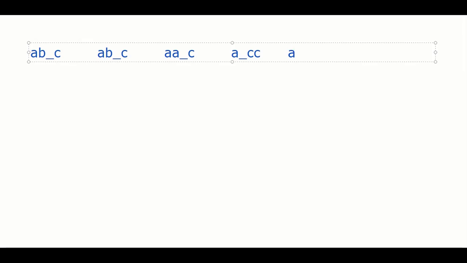Suppose I give a question like this. Without options, can you find out, guys? Or shall I give the options?